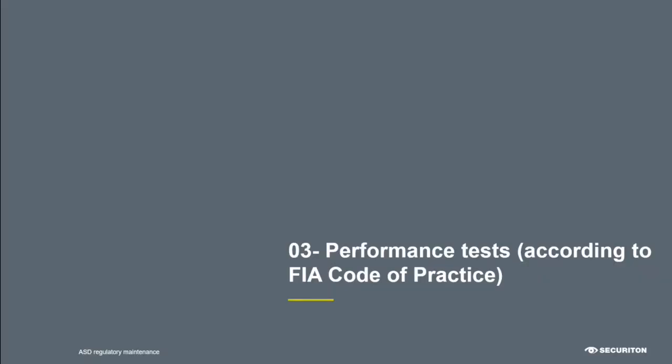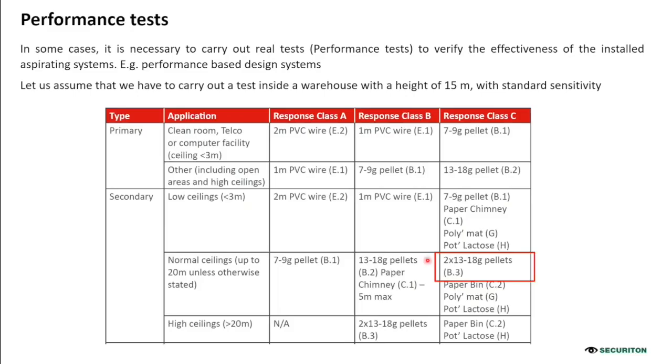Okay, now let's look at the performance test according to the FIA Code of Practice. In some cases, it is necessary to carry out real tests, called performance tests, to verify the effectiveness of the installed aspirating system.